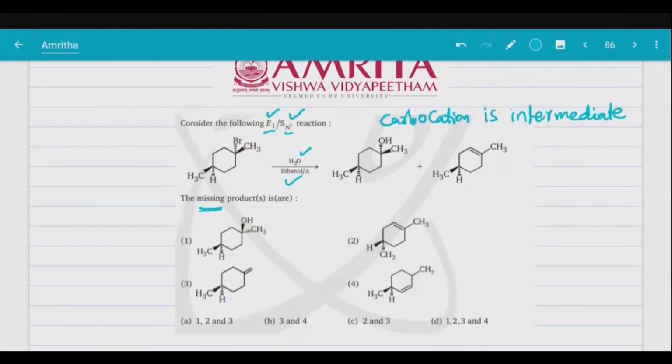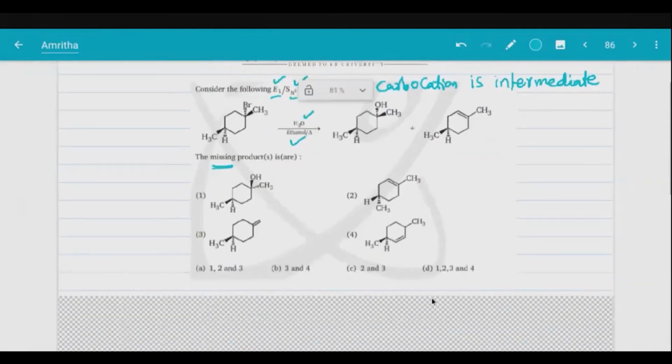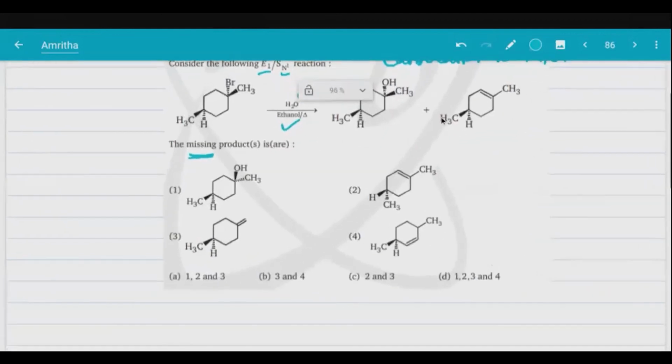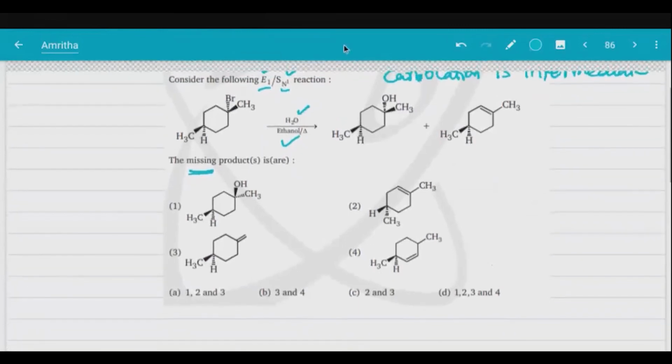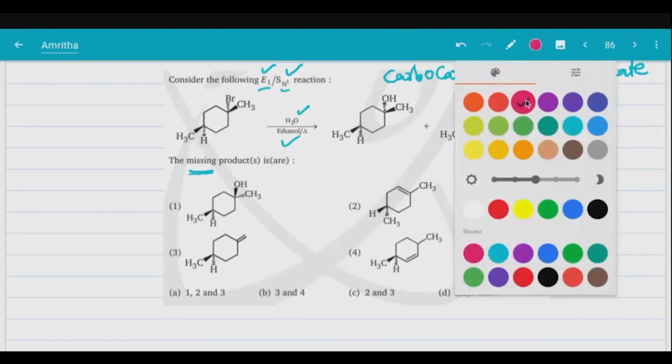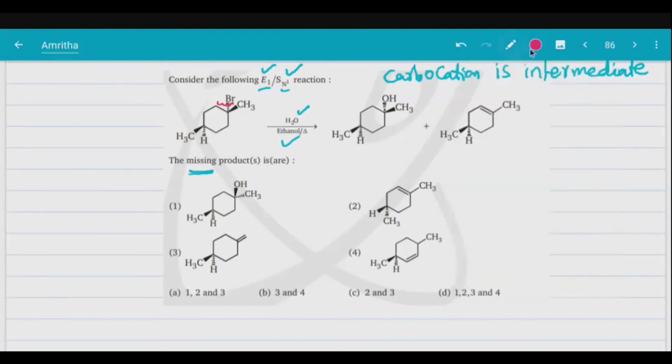This might be elimination. You have to assume both. And what is the missing product? It means what are the possible products for SN1 and E1? You have to take care of rearrangement also. So I'll write the intermediate first. You remove bromine, so what will I get?